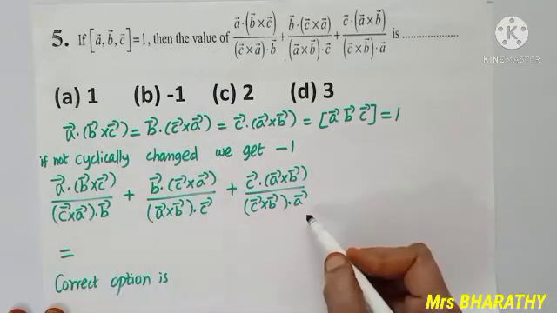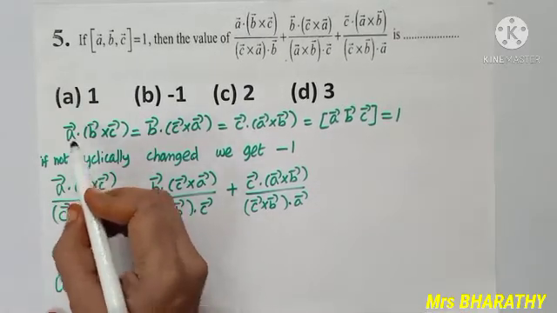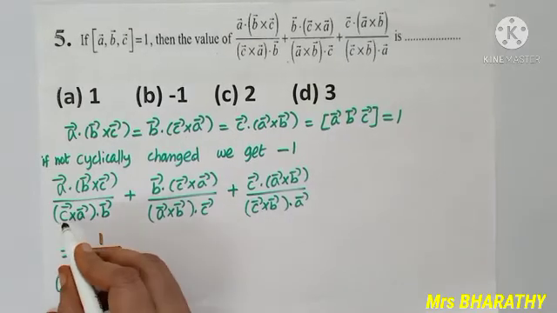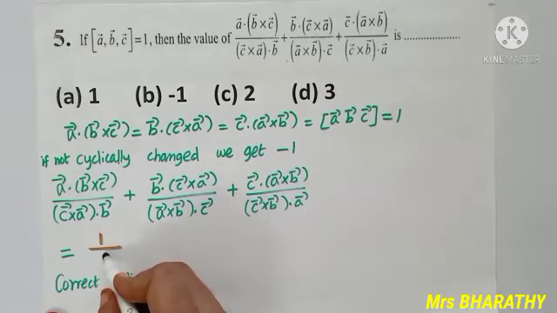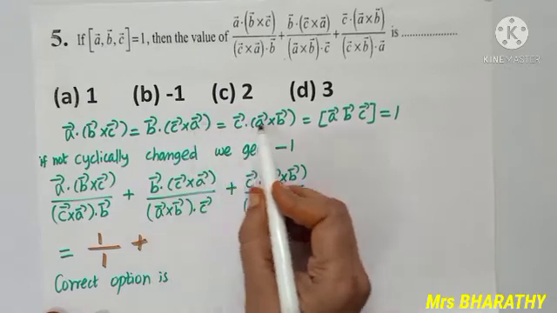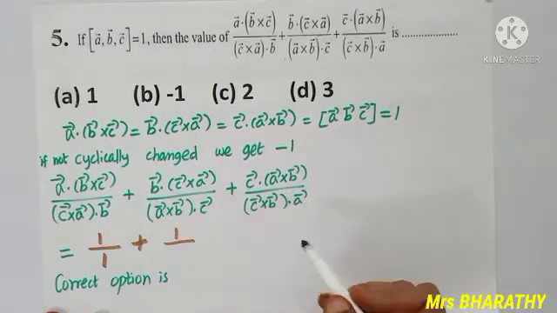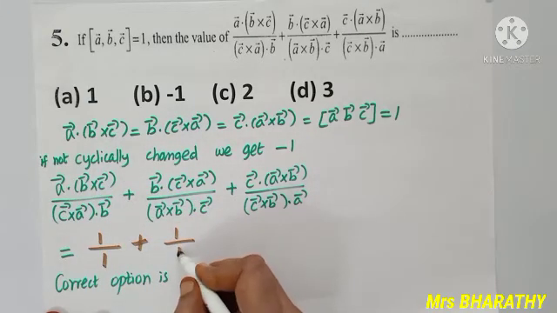So let us check for this result to find out. A dot B cross C, it is a given thing, my answer 1. C cross A dot B, CAB, my answer 1. Plus B dot C cross A, again the answer is 1. A cross B dot C, ABC, order doesn't change, it is 1.